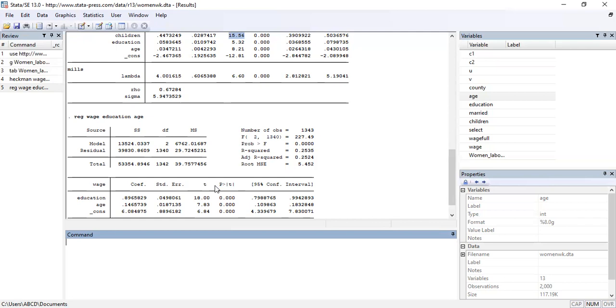So there is no scope to drop the observations. In the simple wage model there will be only observations of those who are participating in the labor market.